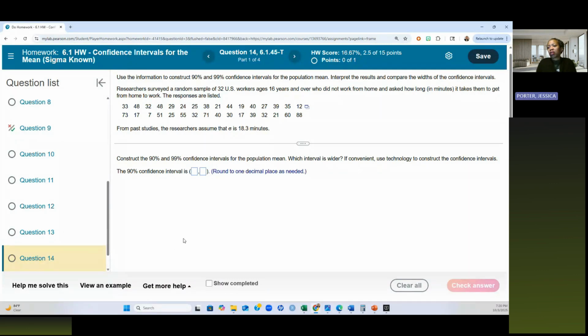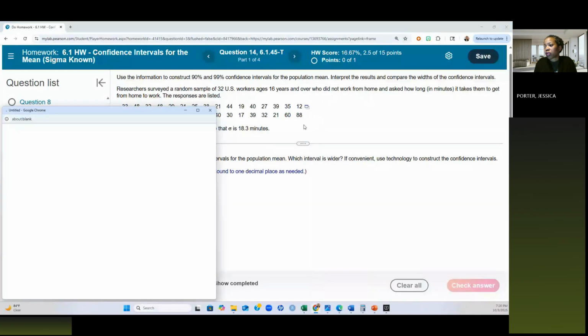Okay, now question 14. They're asking us for 2 separate confidence intervals. So I'm going to open this little window here and open in StatCrunch.